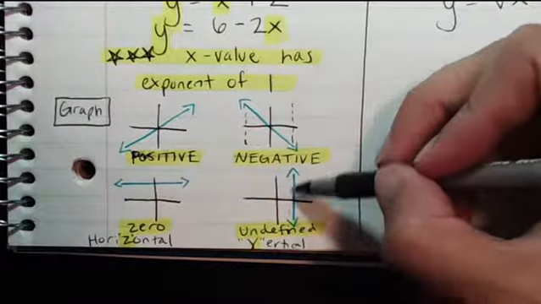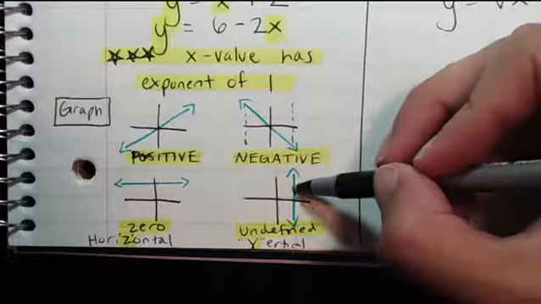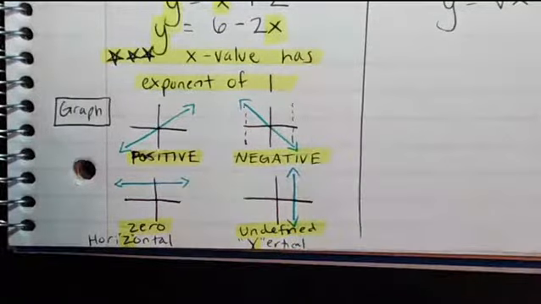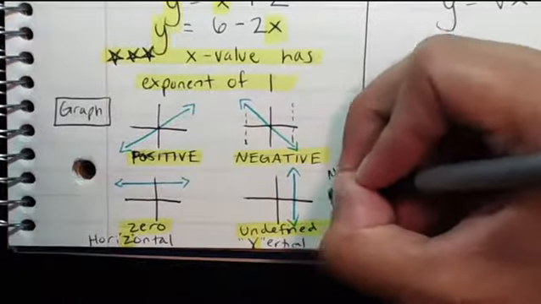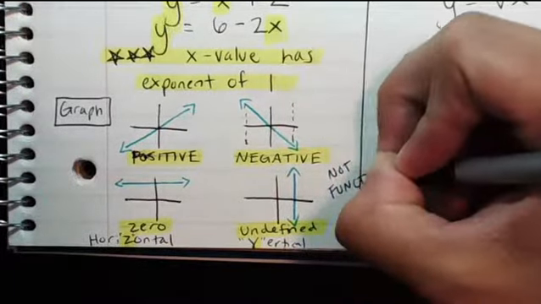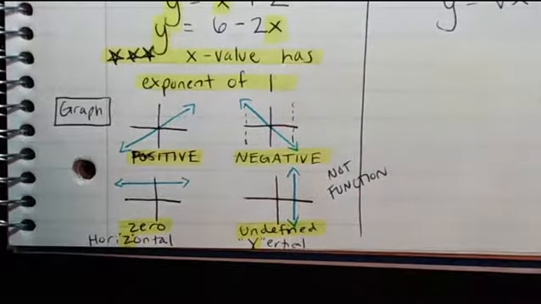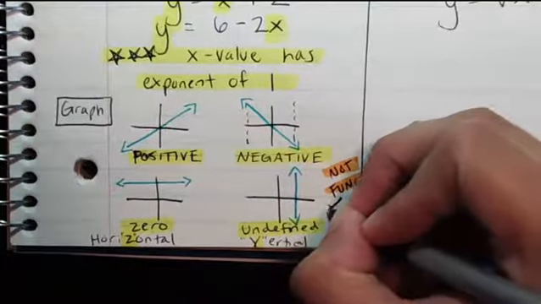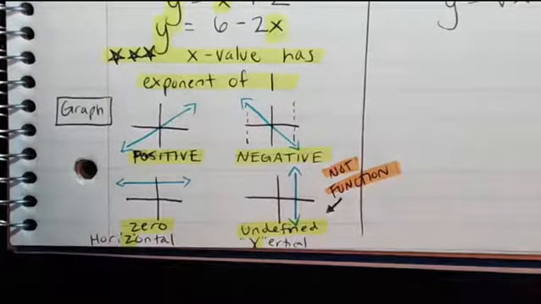But when it comes to this vertical line, or undefined slope, all of those points are on that line. This is the only one that's not a function. Go ahead and write that down, because that's how they can trick you when it comes to the EOC. This one is linear, but it's not a function.